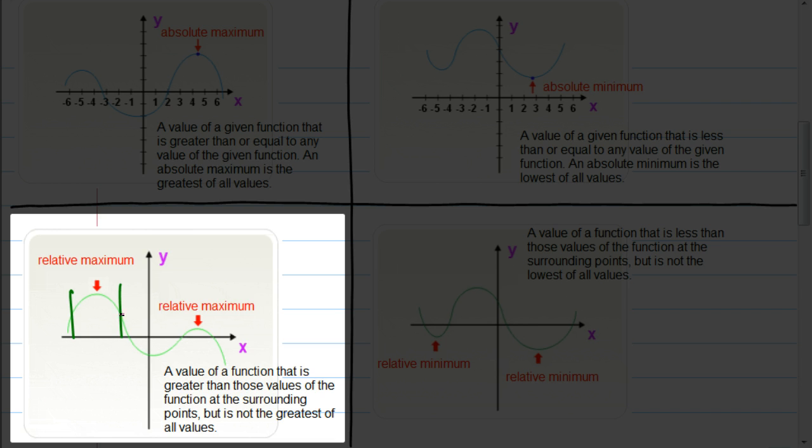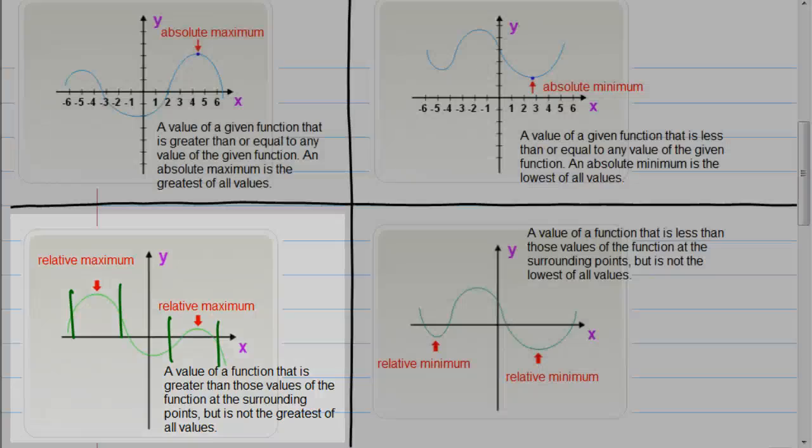Or over here we could have another relative maximum, because in that interval that represents the relative maximum. So you could have relative maximums that are two different numbers, but an absolute maximum would just be a single one, unless there are two with the same maximum height.